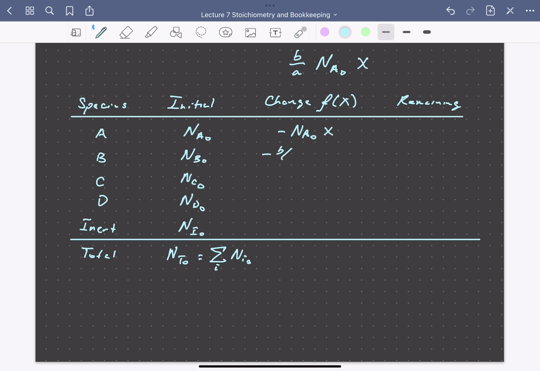For B, similarly, it's a reactant, but the stoichiometry is different, so we have to take the ratio of the stoichiometric coefficients of A and B to give us the change in number of moles of B. You can write a similar expression for our two products, and again, we have this initial term, that's the ratio of the stoichiometric coefficients, because initially we divided our entire reaction stoichiometry by the stoichiometric coefficient of A to put everything on a per mole A basis. That's useful because now we can express everything in terms of the conversion of A.